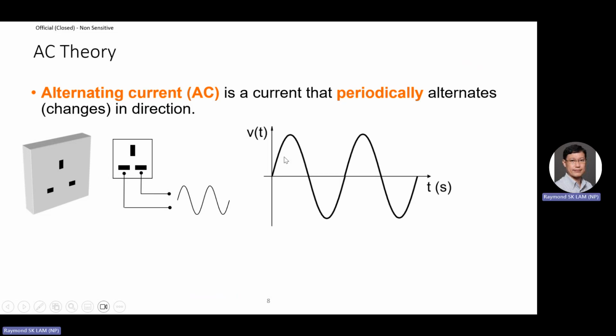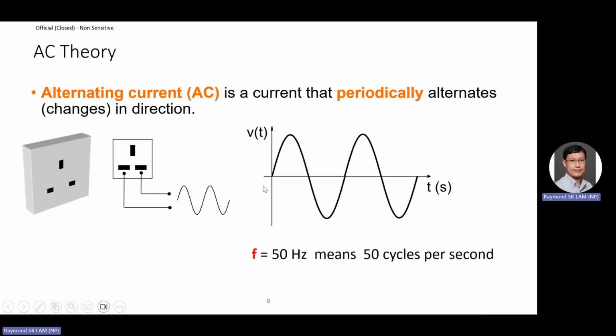And this sine wave you should be very familiar with already. Over here the y-axis is the voltage, the x-axis is time, and there's an important parameter for the sine wave called frequency. So let's say the frequency is 50 hertz. What does it mean? It means 50 cycles per second. And what is 1 cycle?